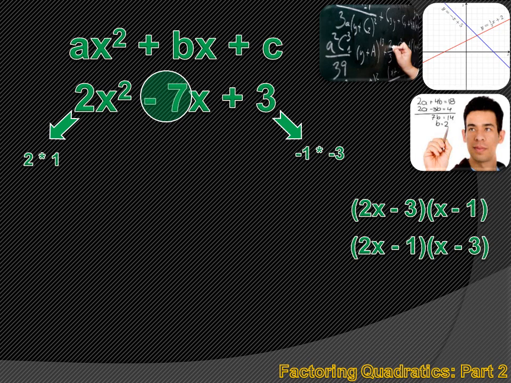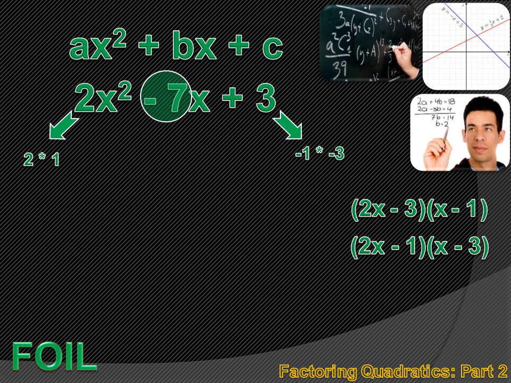Now remember, we're trying to get the b term, in this case minus 7. And we're going to get that with the two middle letters of FOIL. The O and the I are going to be added together. We're going to multiply the outside terms and add it to the inside terms. Well, let's do this first expression first. 2x minus 3 times x minus 1.